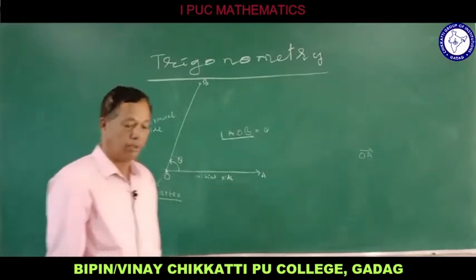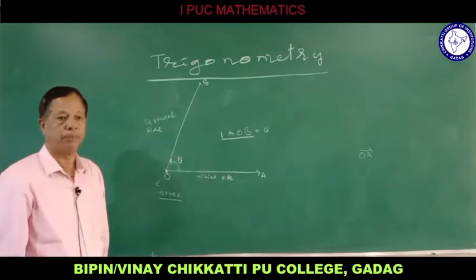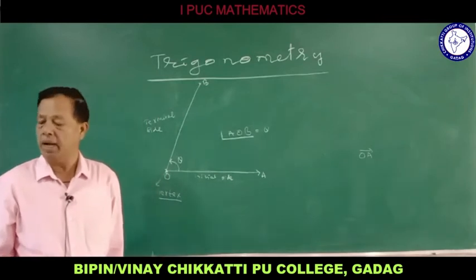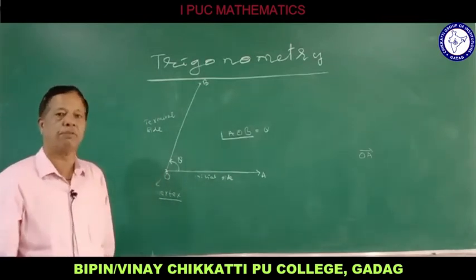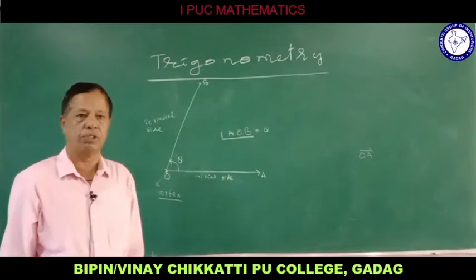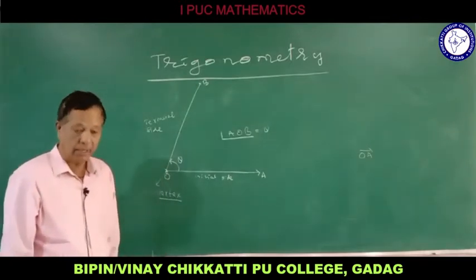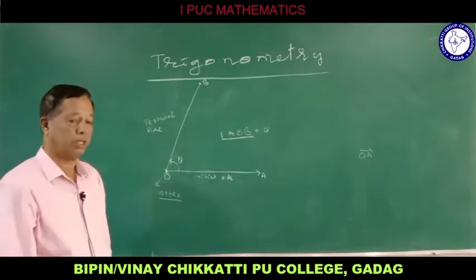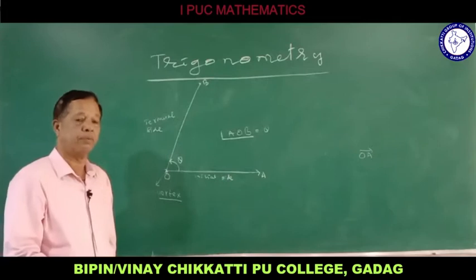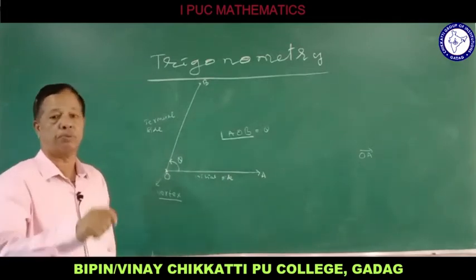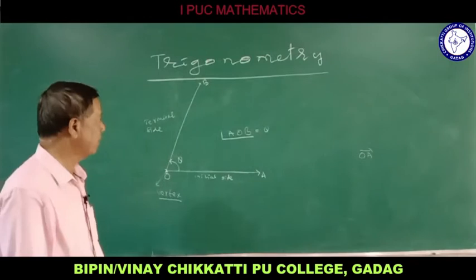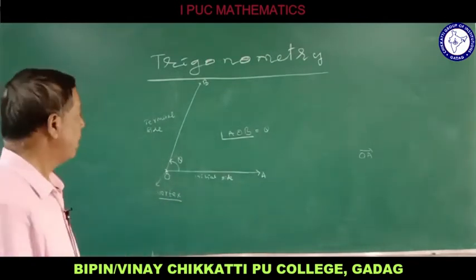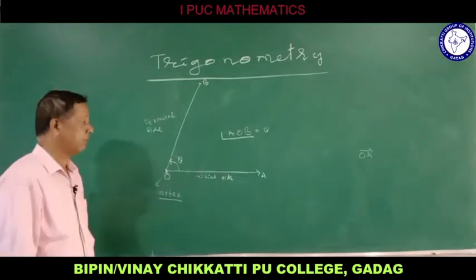So once again I repeat that trigonometry is the study of triangles, in which sides and angles, and also the problems related to these angles, are studied. The angle is the amount of rotation of the ray about its one end, and the angle is being formed. So OA is the initial side of the angle, and OB is the terminal side of the angle.